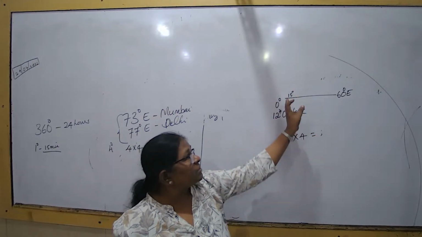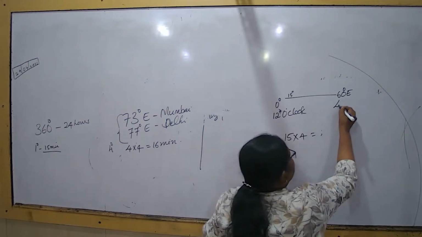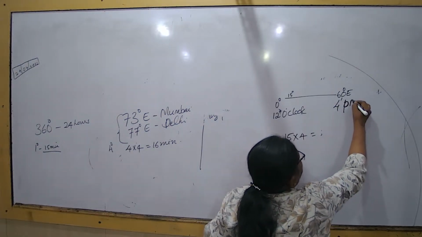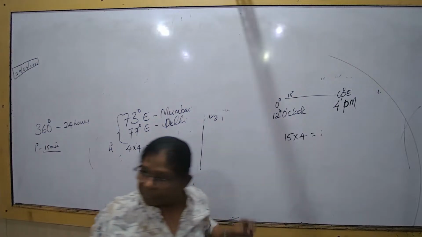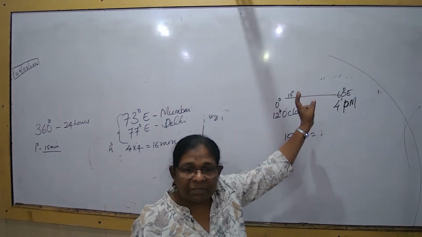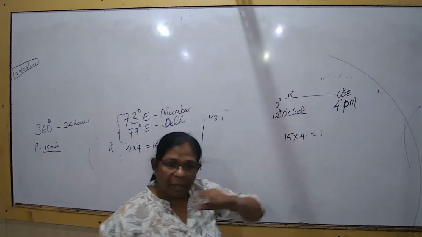So 4 hours difference is coming. So that 4 is 4 p.m. Here 12 o'clock, then 15 means 1 p.m. 4 meridians in between.